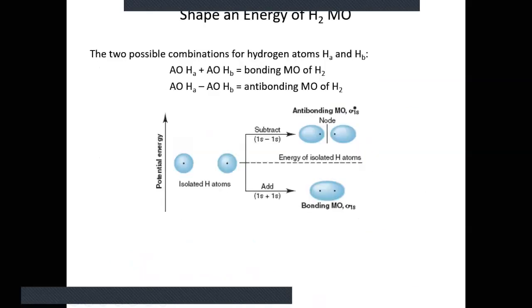All right. So what does a sigma bond look like? Well, we just talked about it. With the hydrogen atom, the two atomic orbitals, we can add them together to get a bonding molecular orbital. So this is what a sigma bond looks like. It's this region of electron density between two atoms. It's a lobe. That's a sigma bond.